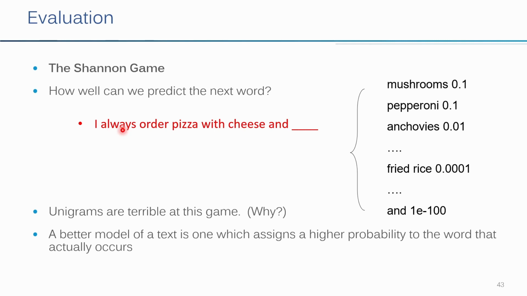So let's say we have, in this sentence, "I always order pizza with cheese and," if your model predicts one of the words that makes sense, like mushrooms, pepperoni, and so on, we can say, okay, the model is doing well in this task. If it predicts something like "I always order pizza with cheese and fried rice," which has a really, really low probability, most likely your model was not that good a calculator, right?